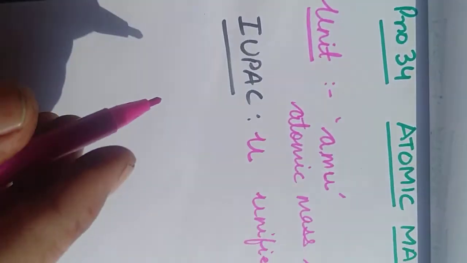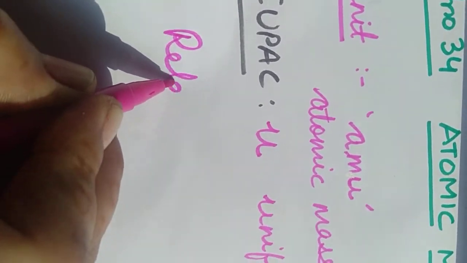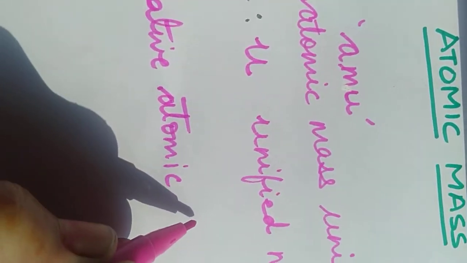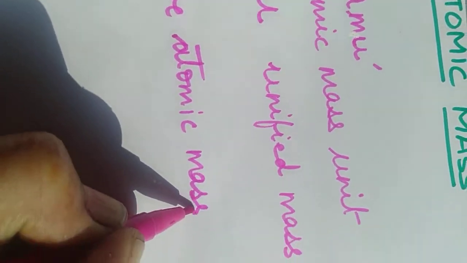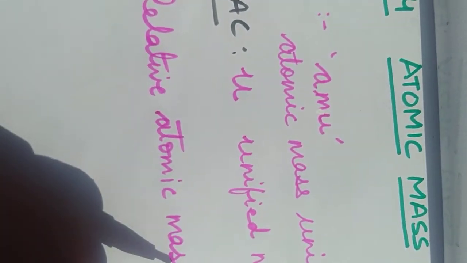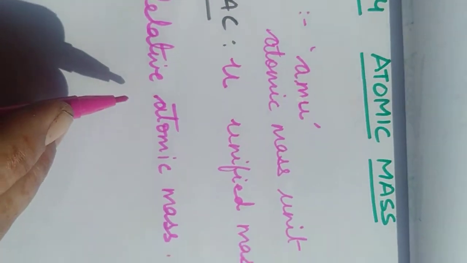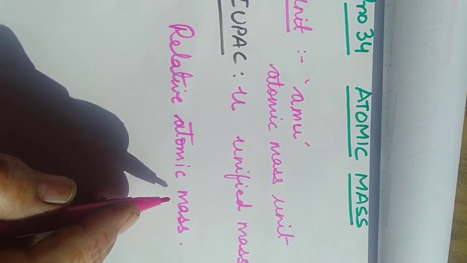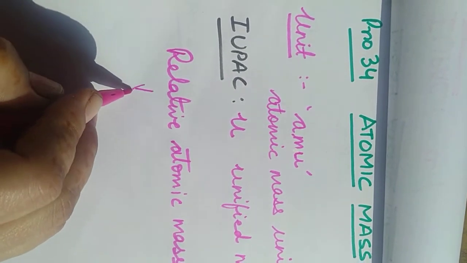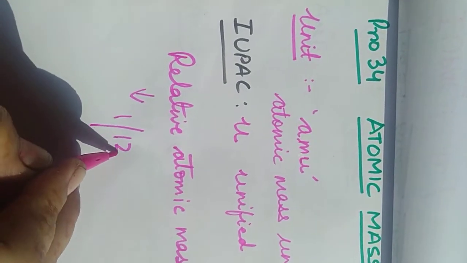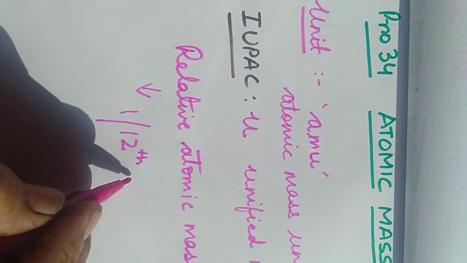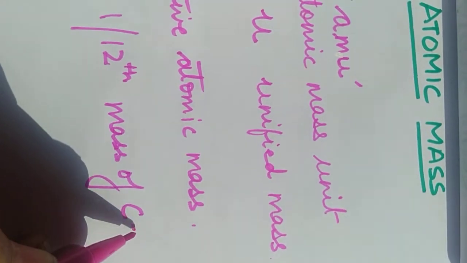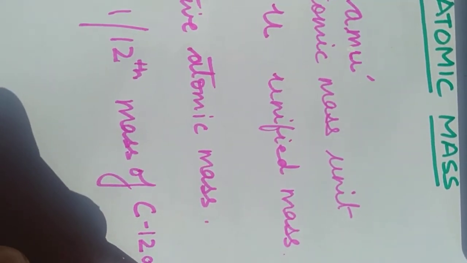Right? So we take relative atomic mass. Relative atomic mass means the average mass of any atom as compared to 1/12 the mass of a carbon 12 atom.